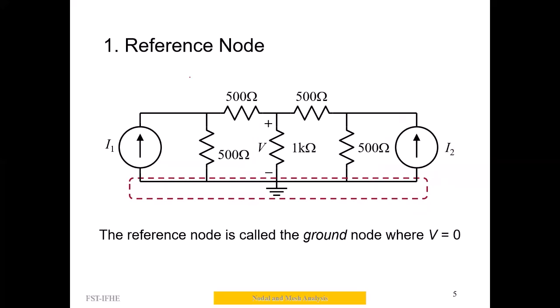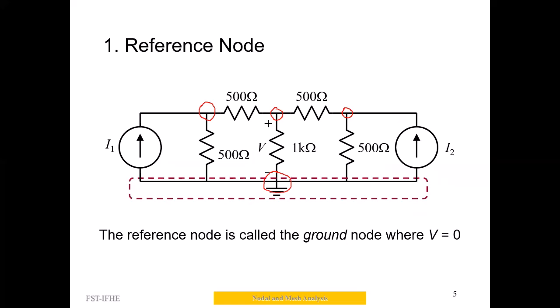So how do we identify the reference node? Generally, in an electrical circuit, the node in the downward direction, or the node connecting to the majority of circuit elements, is considered the reference node. In this circuit, there are four nodes: 1, 2, 3, and 4.